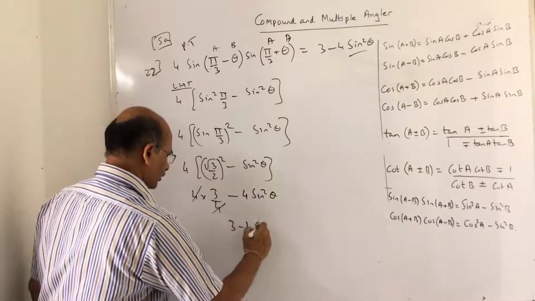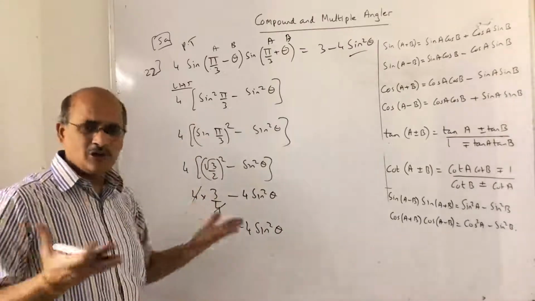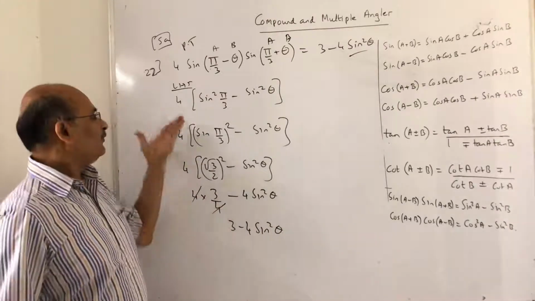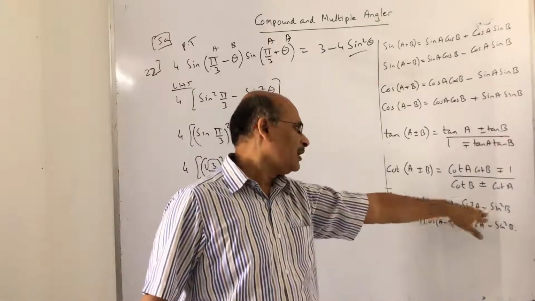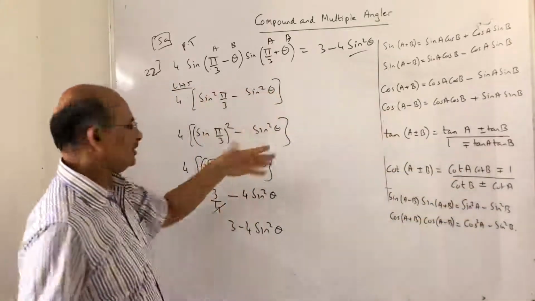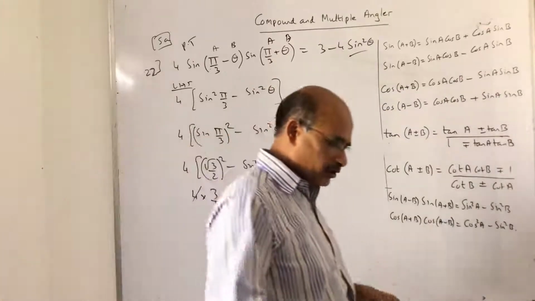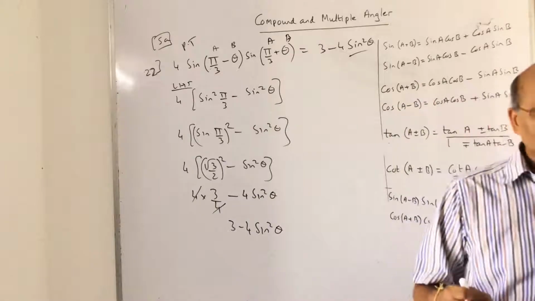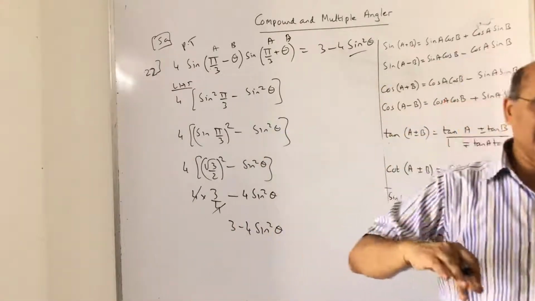So 3 minus 4 sine square theta. So basic maths I am doing. I am not doing anything about concept. The first formula is the first concept. That's it. Sine of A plus B into A minus B is sine square A minus sine square B. Whenever you apply the formulas or any concept, don't think you will get the answer or you will not get the answer.